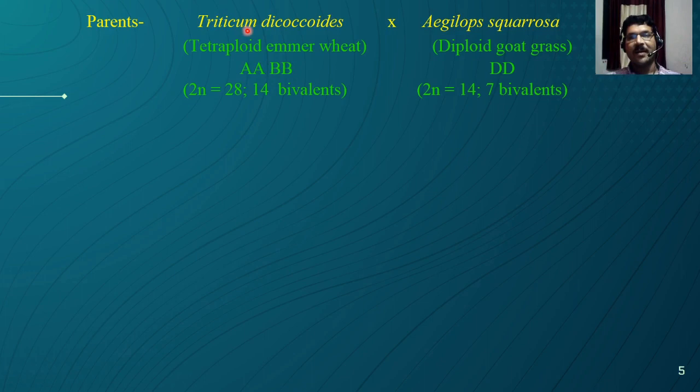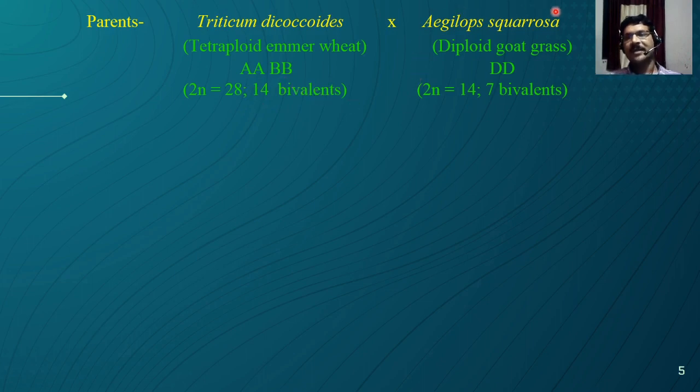So this first parent is already a tetraploid, commonly known as emmer wheat, and the scientific name of that plant is Triticum dicoccoides. This plant has 2n equal to 28 chromosomes, meaning it contains 14 bivalents, 14 pairs of chromosomes.